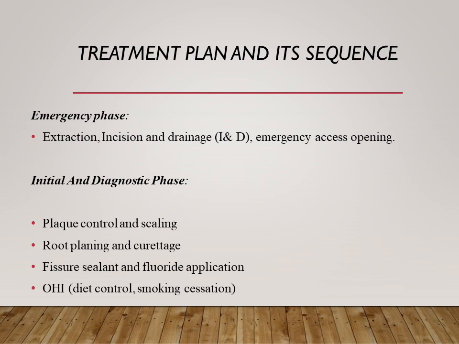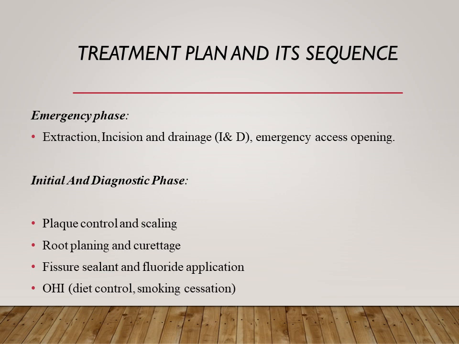So if there is infection, there is a good chance that the patient is going to have more pain even after extraction of the tooth, and it's going to be difficult to manage the tooth in pain also. The anesthesia may not be as profound as expected. So it's good to advise the patient one round of antibiotics, get the pain and the infection under control, and then proceed with your extraction.